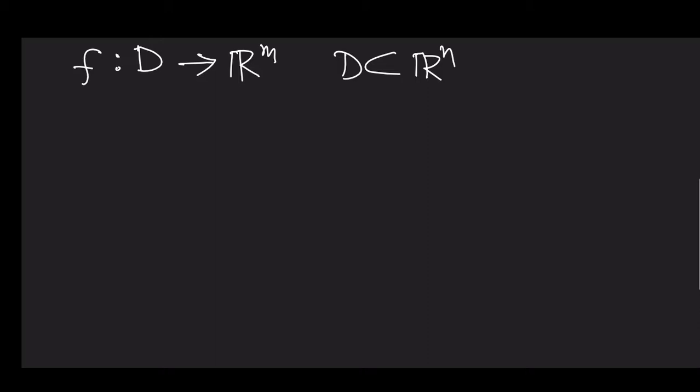Then what we can write, this can be viewed as a vertical concatenation of m functions, each mapping from n to 1. Previously Rn to R, that is a function that maps from n dimensions to 1 dimension.